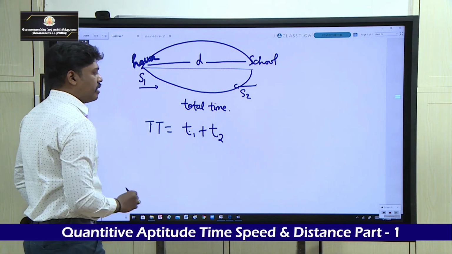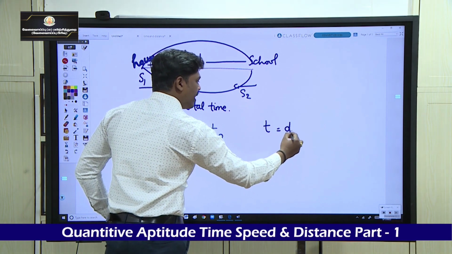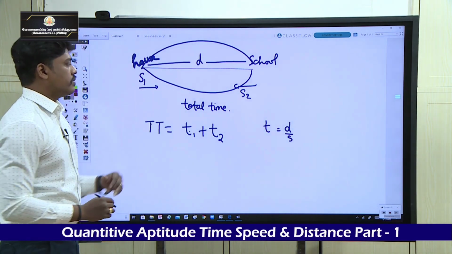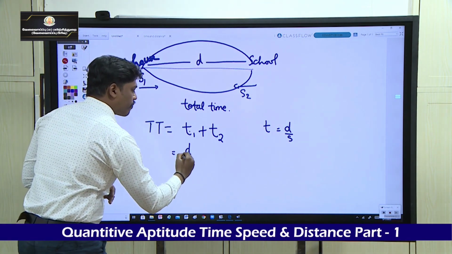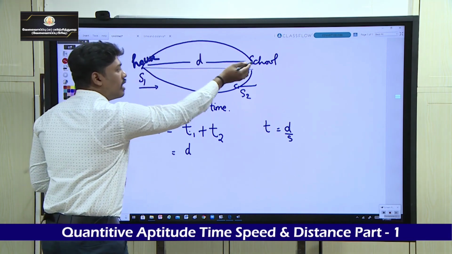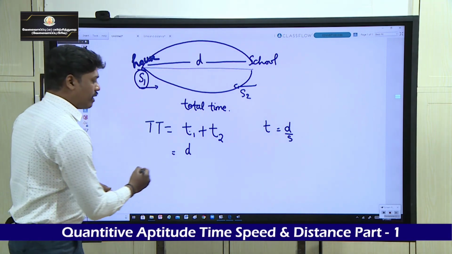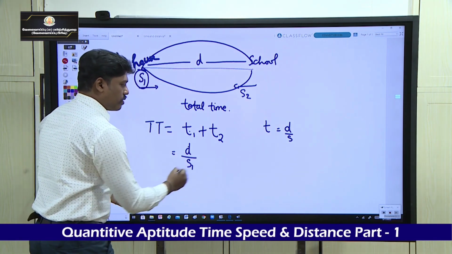So what is the time taken here? Time taken means distance by speed. The distance from house to school is D, moving at speed S1, so T1 is D by S1.